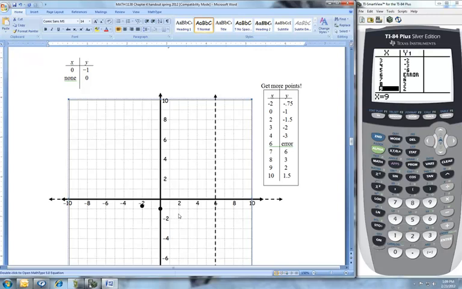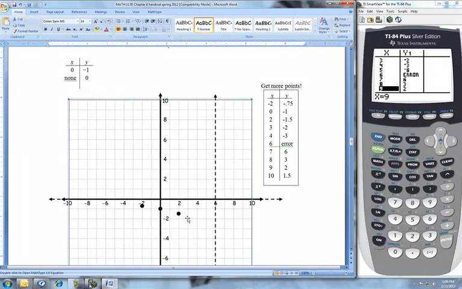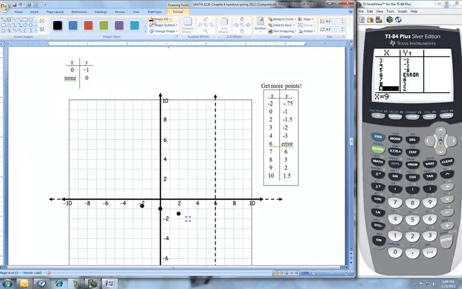So right in here, I think somewhere. There we are. 3, -2. Okay. I've got 4, -3.